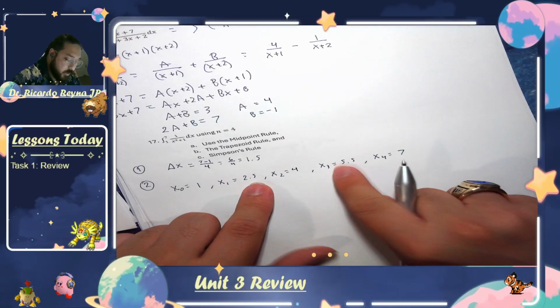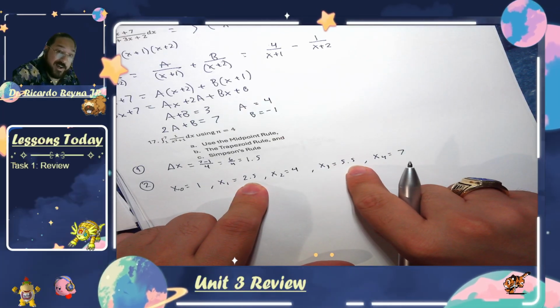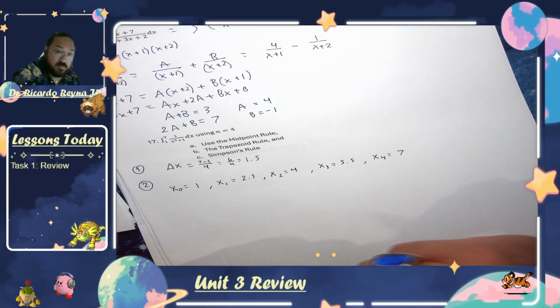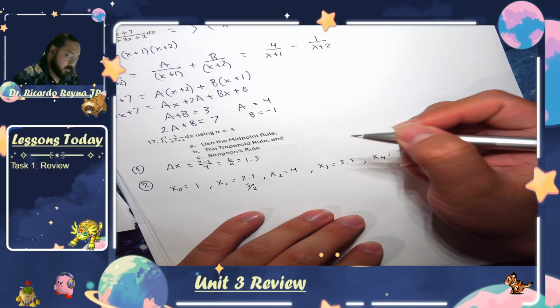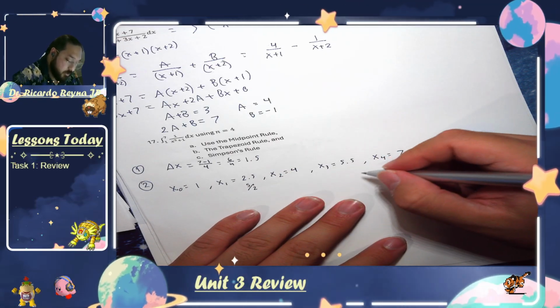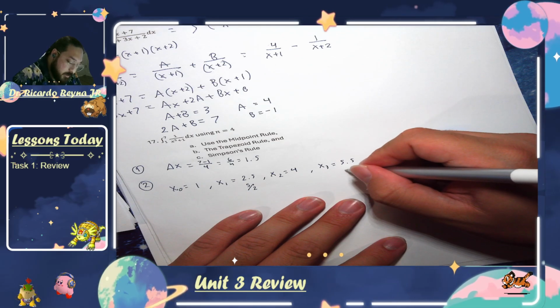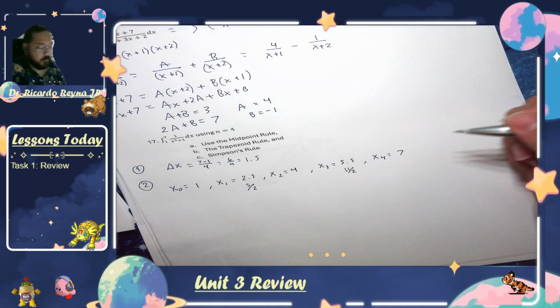I'm going to go ahead and rewrite these in fraction form, because I'll probably use that. So that's going to be 5 over 2, and then that's going to be 11 over 2.